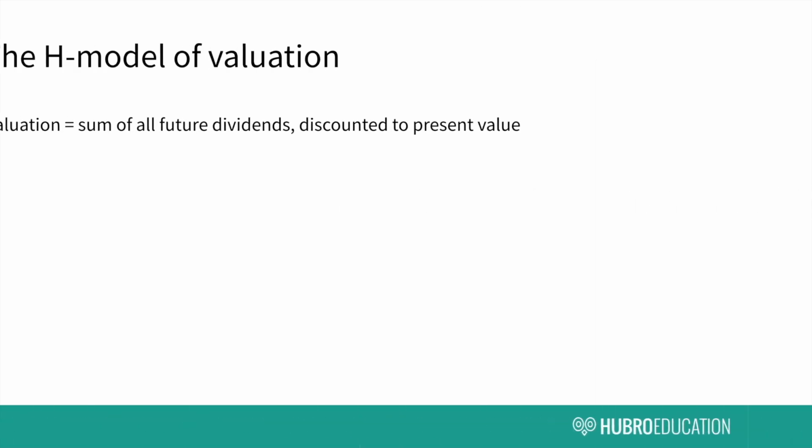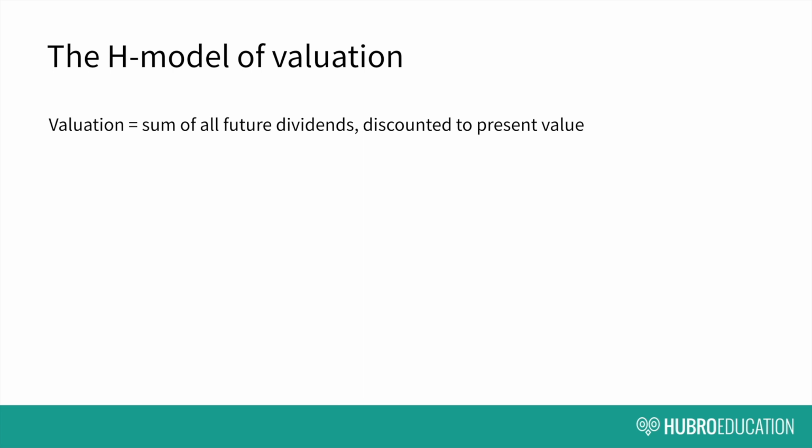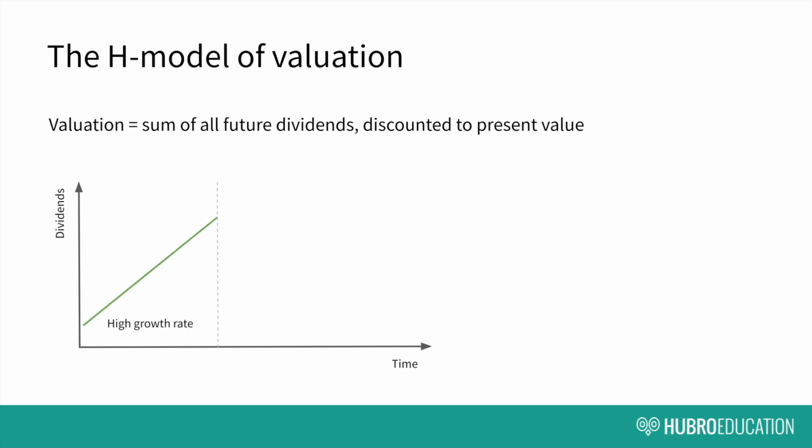The H model assumes that the stock is worth the sum of all future dividend payments, discounted to the present value. It makes the assumption that the company first will have a period where the dividends grow quite fast, and then reach maturity, where the dividends just increase at a low but steady rate.